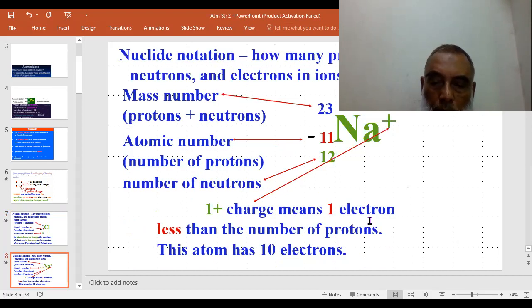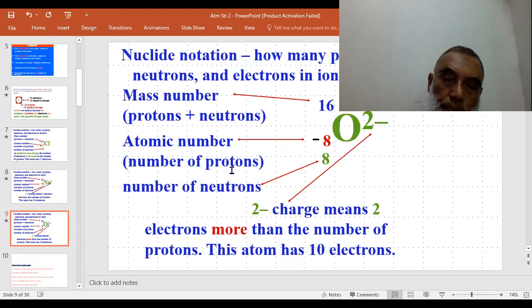When sodium is positively charged, it loses one electron, and its number of electrons is 10, and it takes the shape of the nearest noble gas structure, neon.